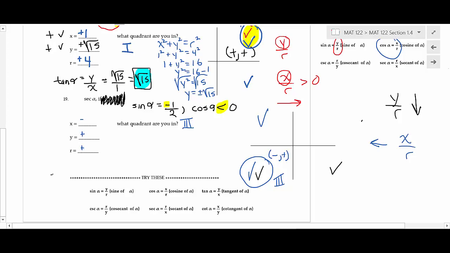And ultimately in this problem, we're going to figure out what the secant of alpha is equal to. That's our goal. Okay, so the next thing we do is I gave you the sine of alpha is -1/2. The sine is y over r.